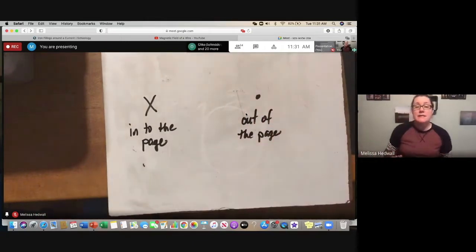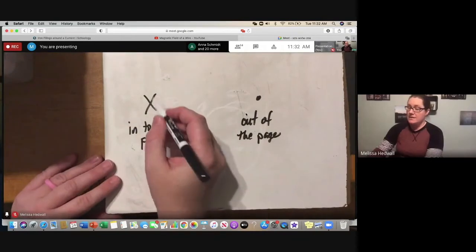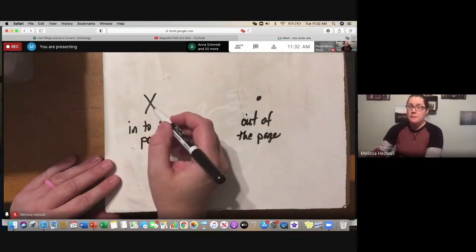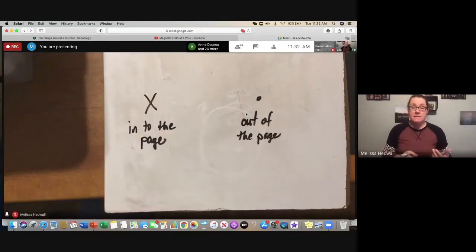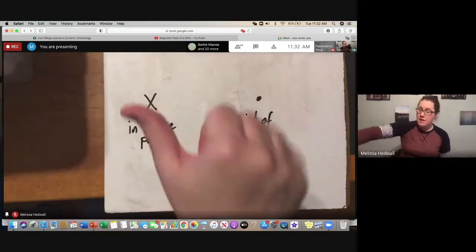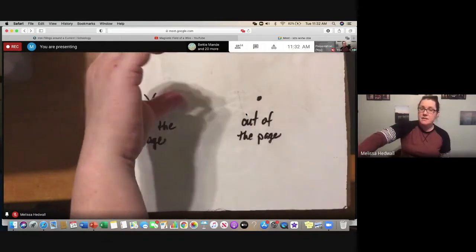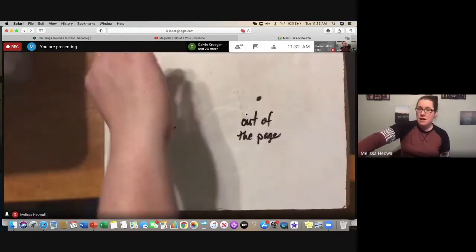In this situation, if I said that I have a current, this can work for current, it can also work for field, and I'll show you that in a minute. So for current, if I had a current going into the page, it would look like this. And if I had my X here going into the page, and I said, well, what's happening to the magnetic field around it? Going into the page, I'd take my thumb, right hand rule, put my thumb pointing into the page, and you can see that my fingers wrap around in a clockwise fashion.